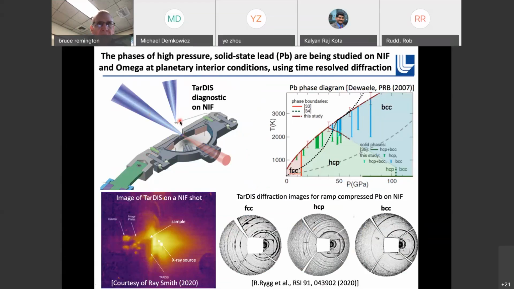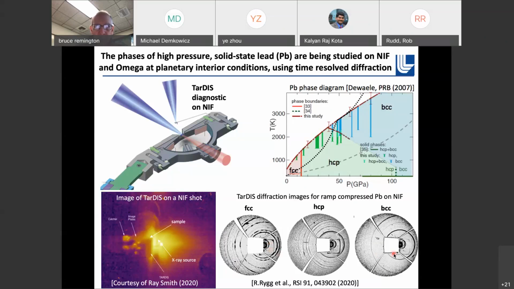Separated from the physics package is a separate foil, that's the backlighter probe. The backlighter x-rays go through and diffract off the compressed physics sample, and there's practically 2 pi coverage of image plate recording these diffraction signals, which can be turned into the plots shown on the bottom right.